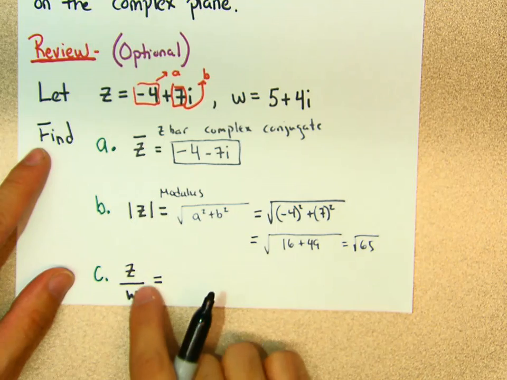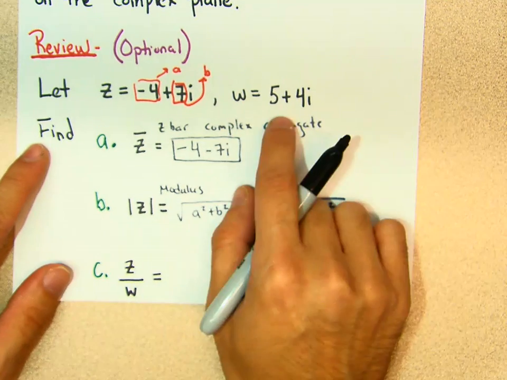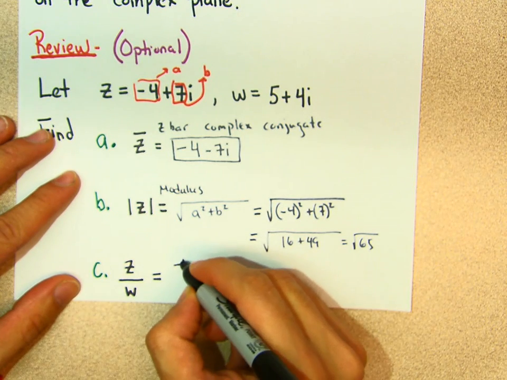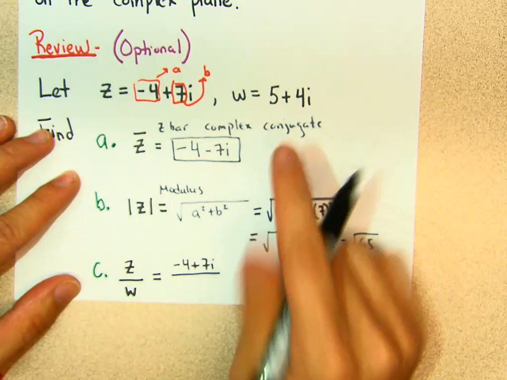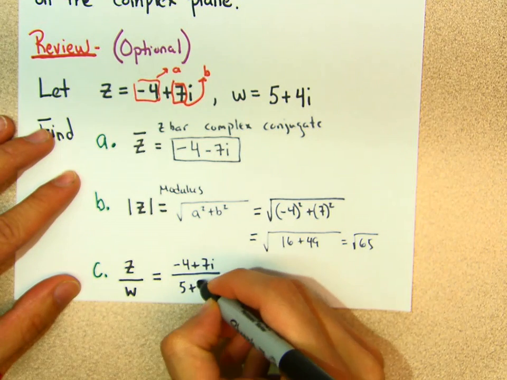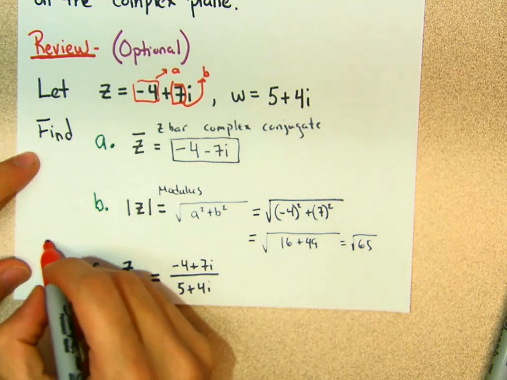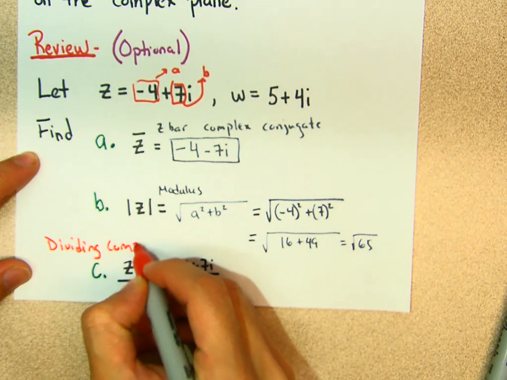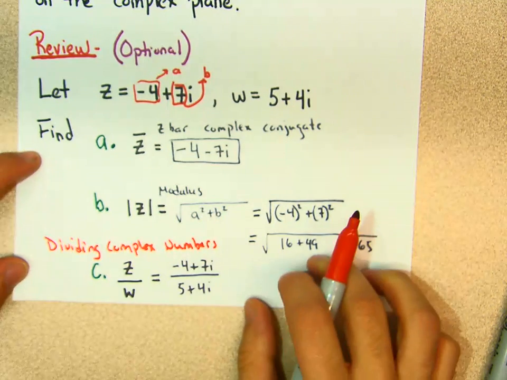And let's look at this example here, z over w. What are you supposed to do? You're supposed to take this z, put it on top, which is negative 4 plus 7i, and you take this w, which is 5 plus 4i, and you just put it on the bottom. And here, we are dividing complex numbers, okay? And then how do we do this? What was the magical move you're going to do?